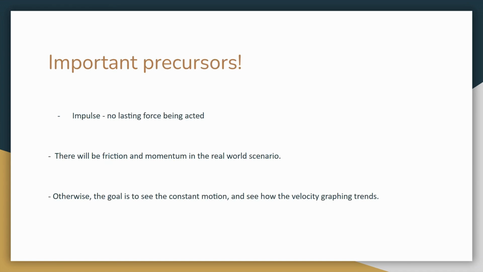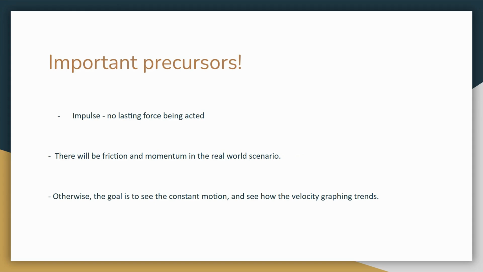Now, here are some important precursors. This impulse at the very start, where it is pushed, is called an impulse because there's no lasting force being acted on the object, which is the same as having no net force.